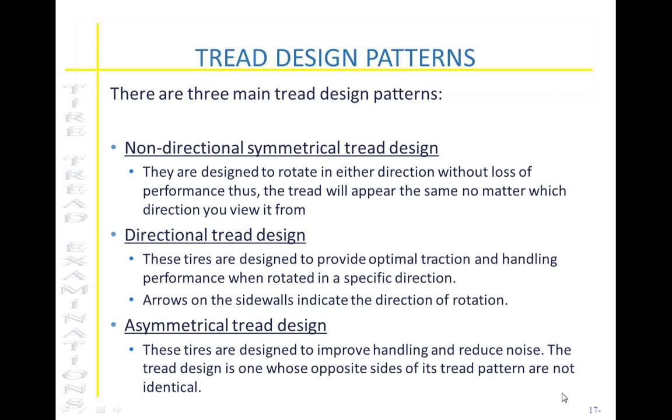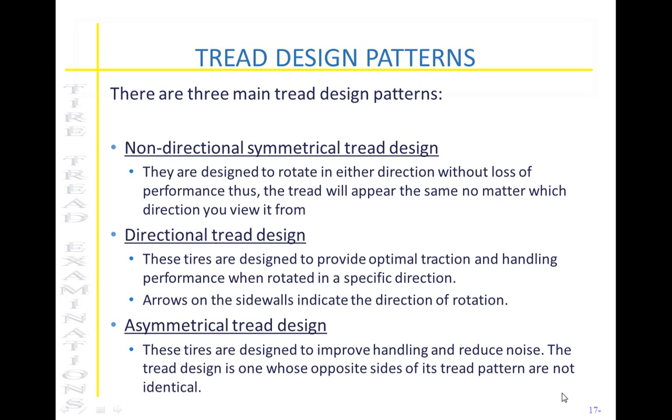If we think about the various tread patterns that can be seen at a crime scene, tires can be divided into 3 main tread design patterns: a non-directional symmetrical tread design, a directional tread design, or an asymmetrical tread design. The non-directional symmetrical tread designs are going to appear the same pattern no matter which direction you actually view that tire from.